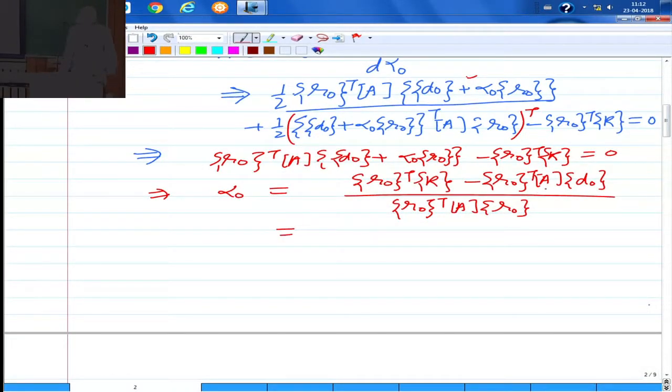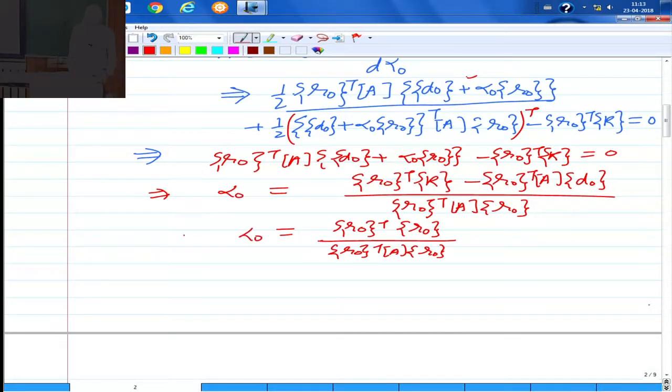And now if you look at essentially this R naught transpose, if you take it as common, what you get inside is R minus A into D naught, which is nothing but your R naught itself. So the numerator is simply R naught transpose into R naught, and of course the denominator remains the same as R naught transpose into A into R naught.